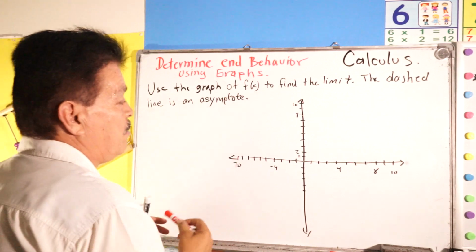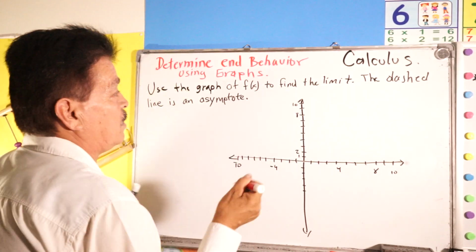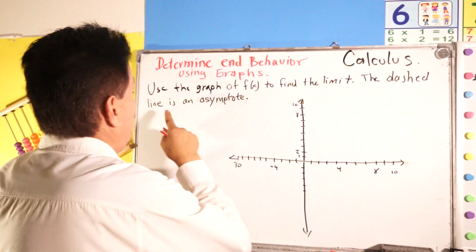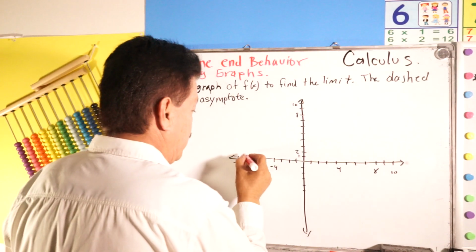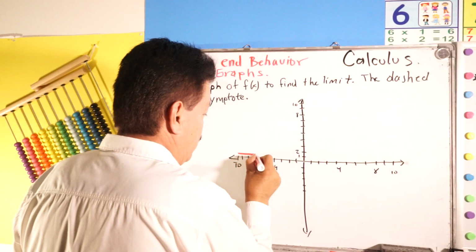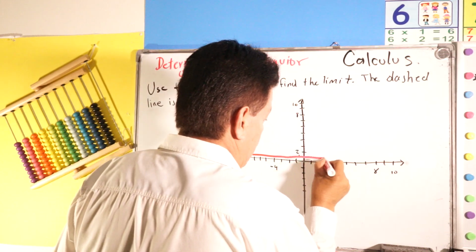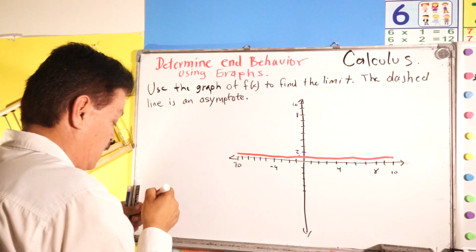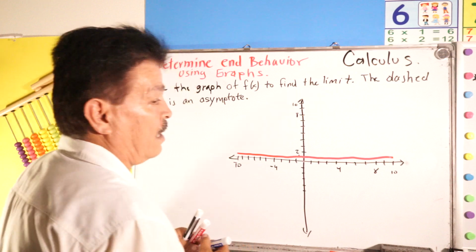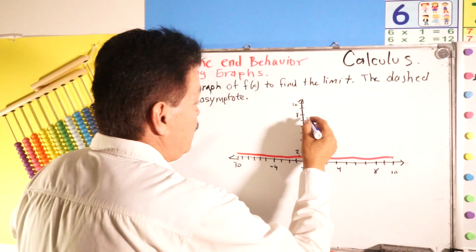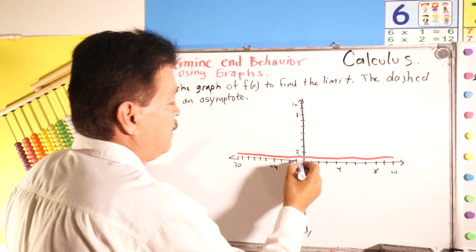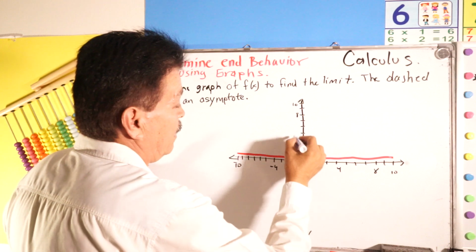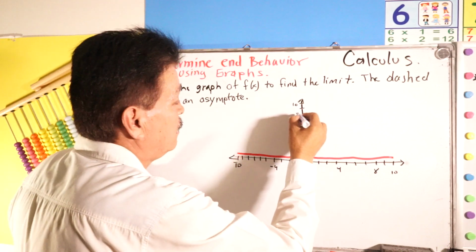Okay, I will draw it, but before, the asymptote: we're talking about using the graph of f(x) to find the limit, and the dashed line is an asymptote. So the line is right here. Let me make the picture of the line. This is the asymptote. All right, and then the graph is this. The graph is all the way up right here.